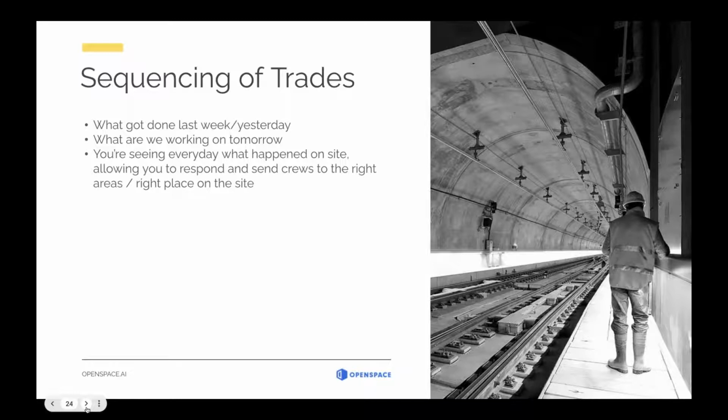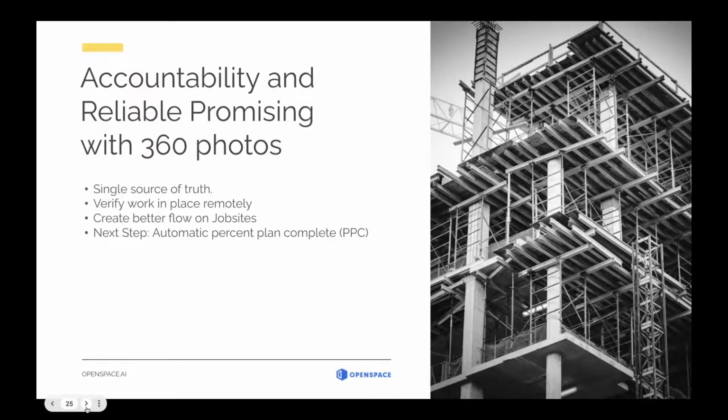And if you have this ability to log in wherever you are and see exactly what is done yesterday, then it really eliminates a lot of that back and forth, or yo-yoing of crews, or having to create a bunch of buffer, and really creates more reliable promising and accountability. And I think that's the point I wanted to make on this slide as well, is that overall it just creates better flow on your job sites when you do have that single source of truth.